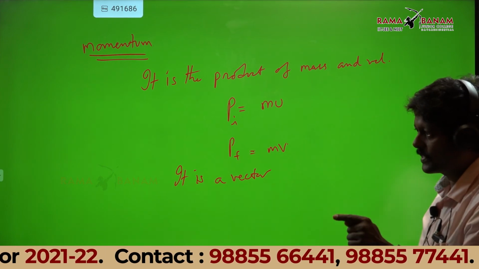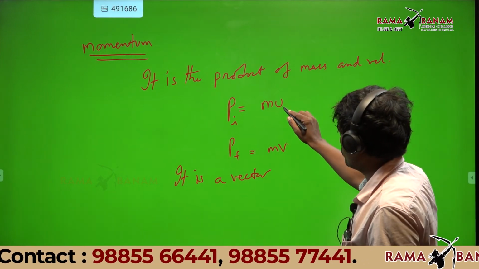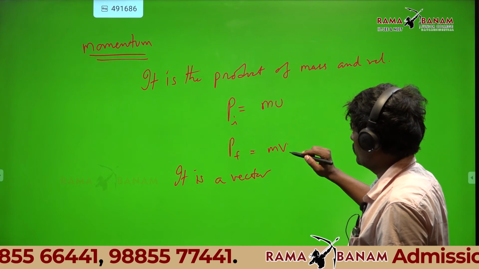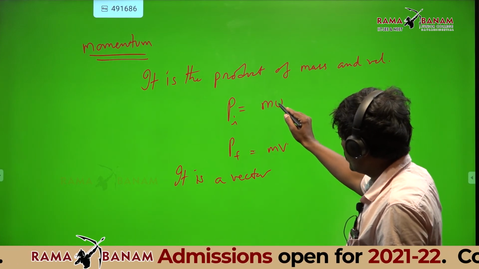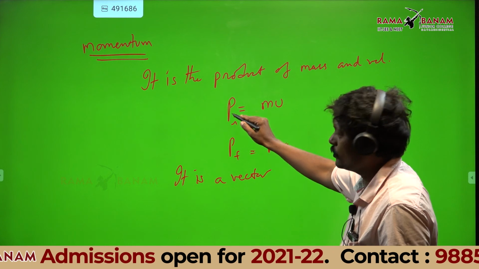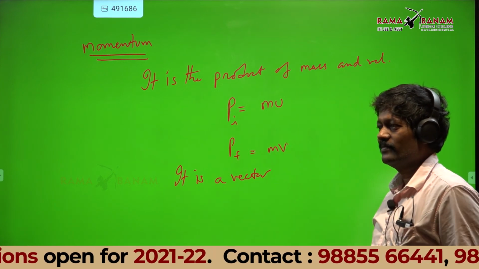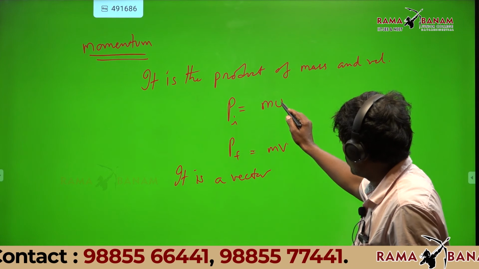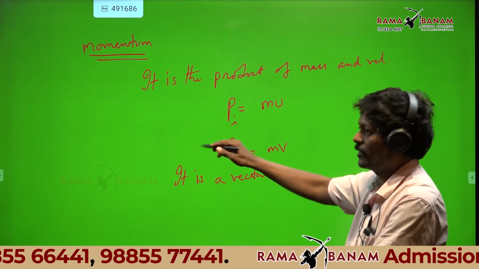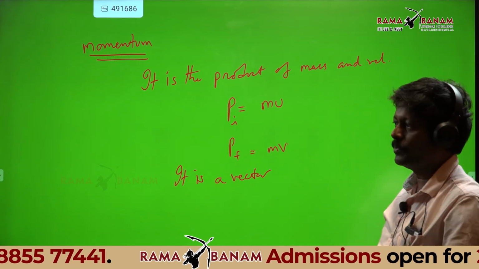How do you know it's a vector? Listen, is velocity a vector or scalar? Vector, sir. A vector multiplied by a scalar gives you a vector only. So momentum is a vector.